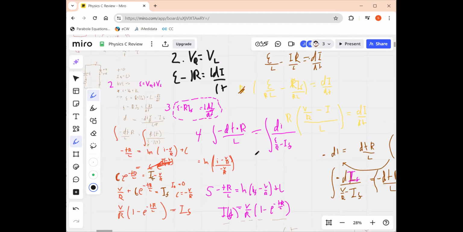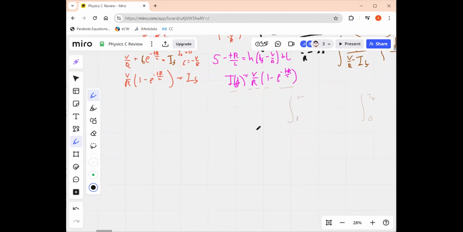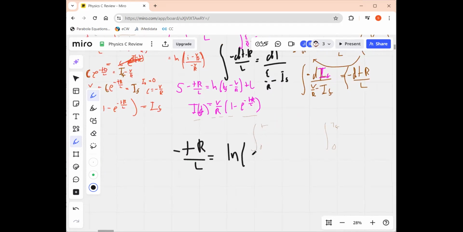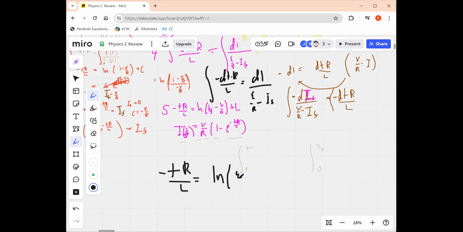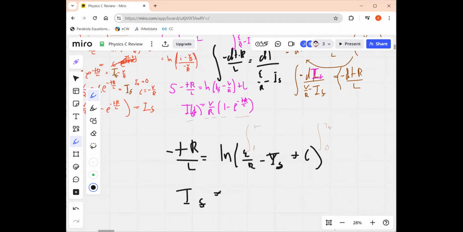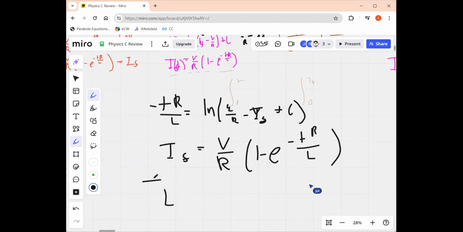Integral of negative dt times R over L equals the integral of di over E over R minus I, final, giving you negative tR over L equals ln of E over R minus I over E over R minus I final plus C, and if you do the algebra, that gets you I equals V over R times one minus e to the negative tR over L, and this gives you the I through the inductor as a function of time.